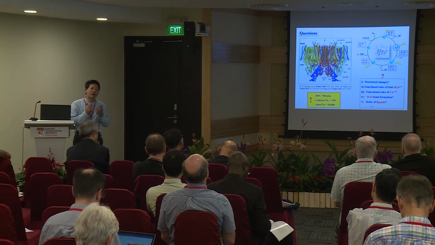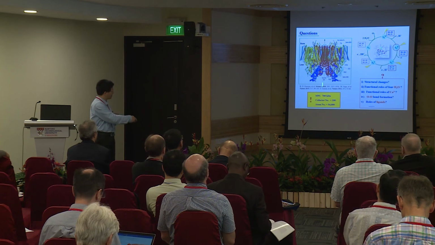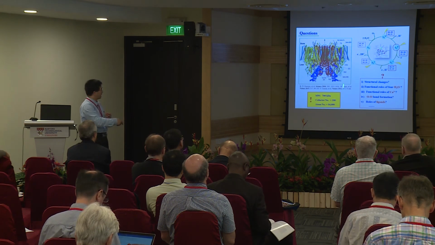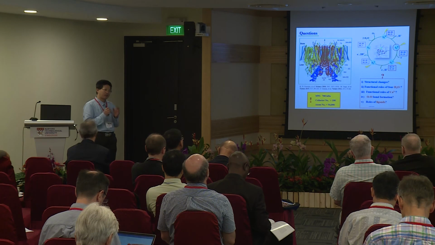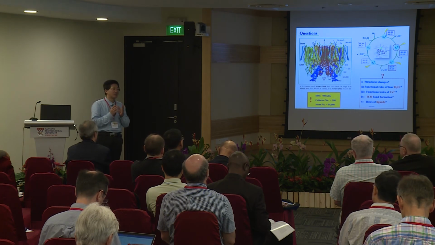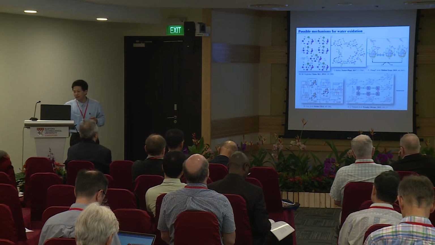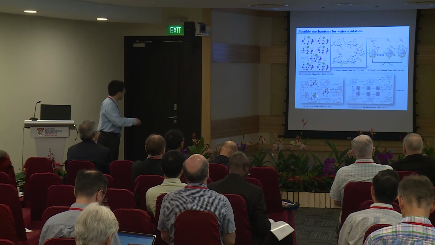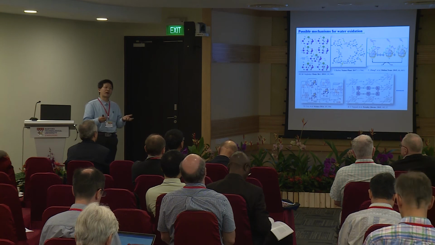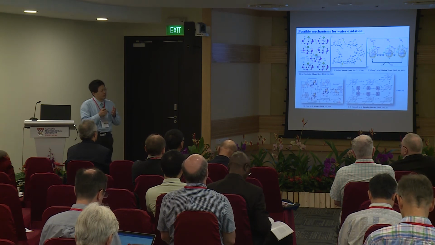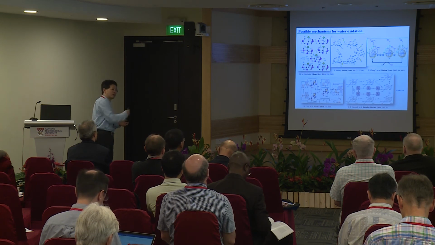But it turned out it's very hard to get clear information. Why? Because PS2 is too big, and too many factors are involved. It's very difficult to get clear information on this mechanism. Even though we have many mechanisms suggested by Sigman, by Jim, by Lubitz, by Gary, and we also proposed a model ourselves, I think we still need clearer evidence to support any of them.